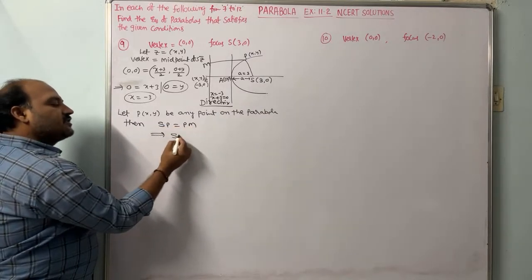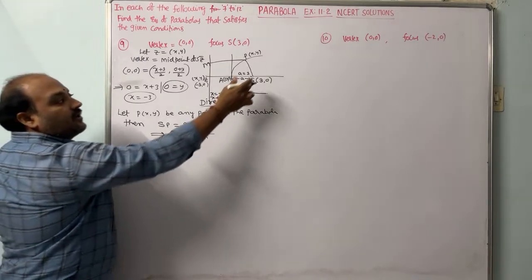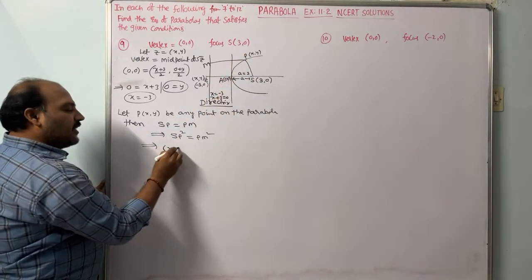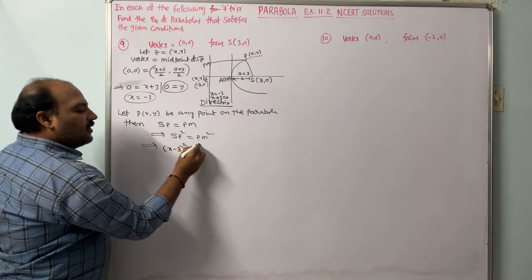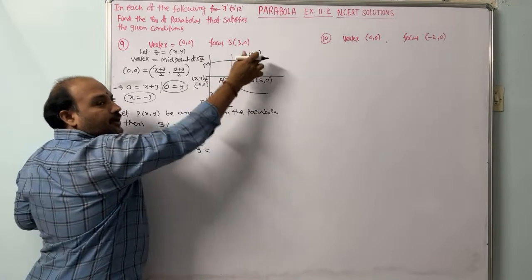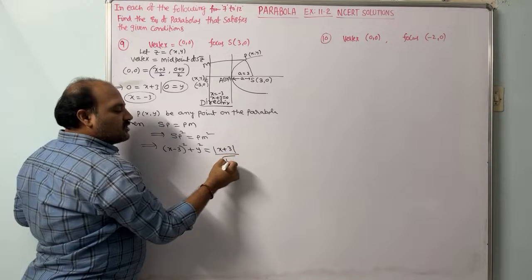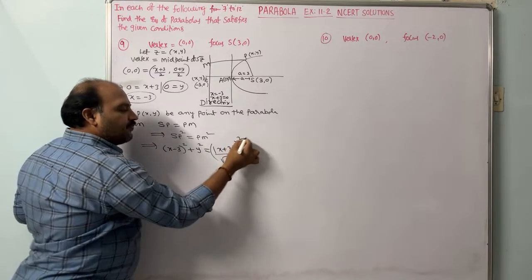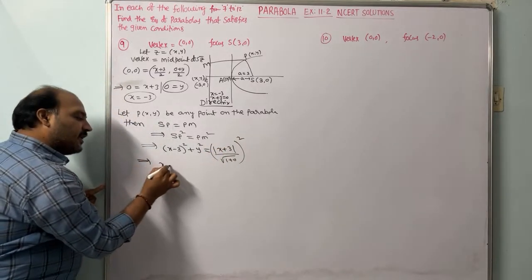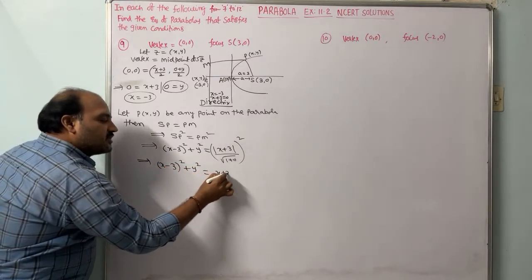That implies SP square equal to PM square. SP square, distance between these two: (x minus 3) whole square plus y square. PM is the perpendicular distance from the point to this line: x plus 3, point is (x, y), mod x plus 3 by root of 1 square plus 0 whole square. So that implies (x minus 3) whole square plus y square is equal to (x plus 3) whole square.